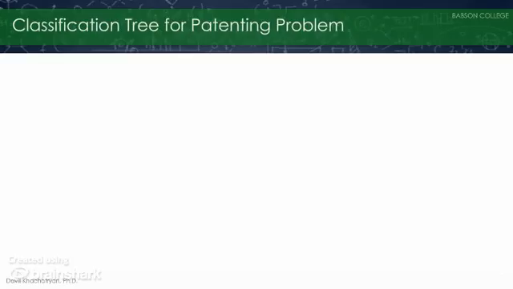Now let's learn how to interpret the classification tree. Suppose we have a patent application that we're trying to classify, and at the root node, the following question is being asked. Is the number of prior efforts made at patenting the application less than 2?